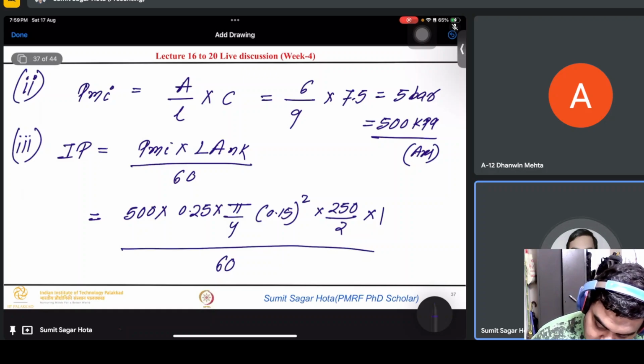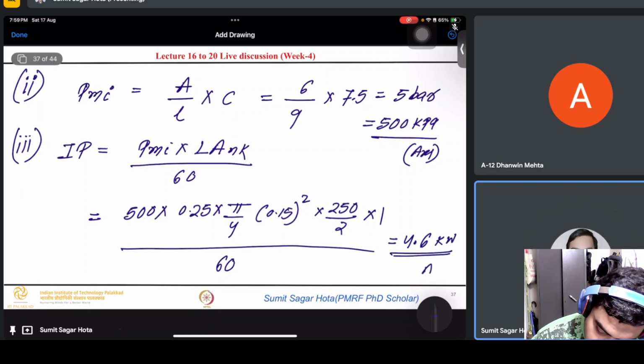We will do this, and it comes out to be somewhat 4.6 kilowatt.